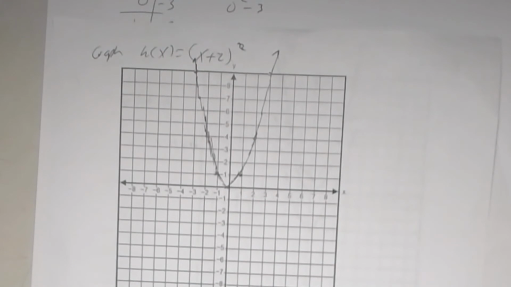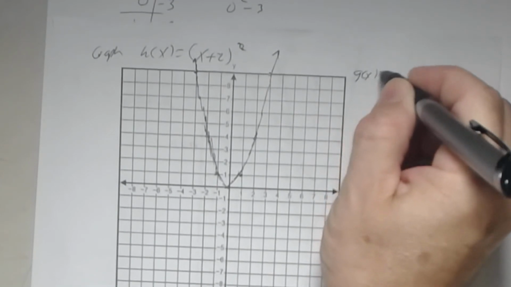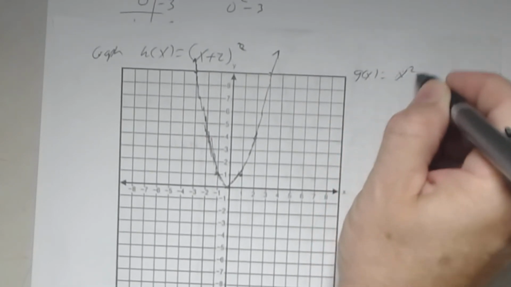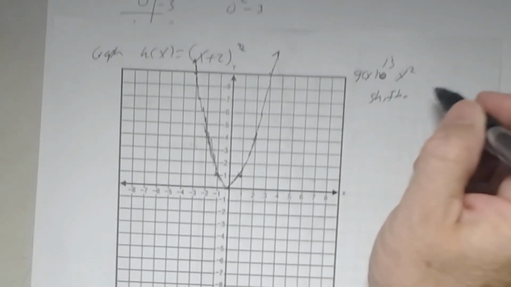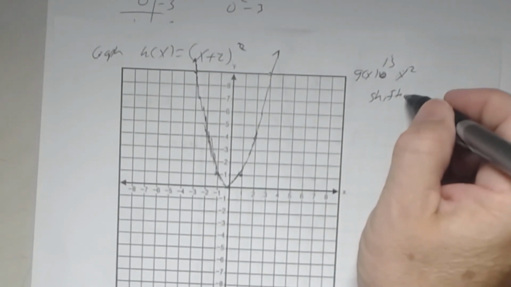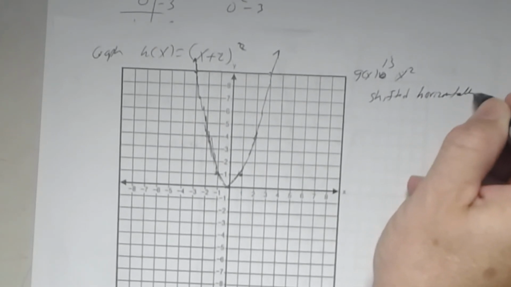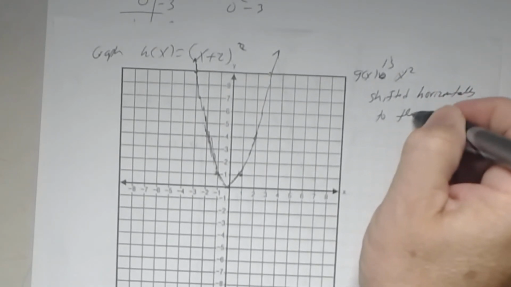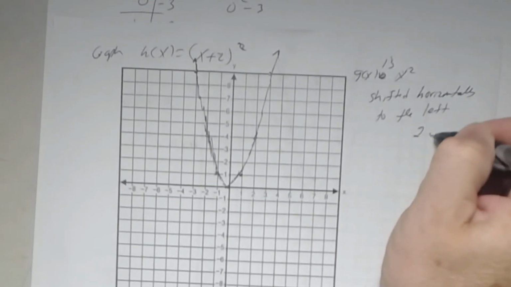Now from there, I know it's a horizontal shift. So g of x is x squared shifted horizontally to the left, 2 units.